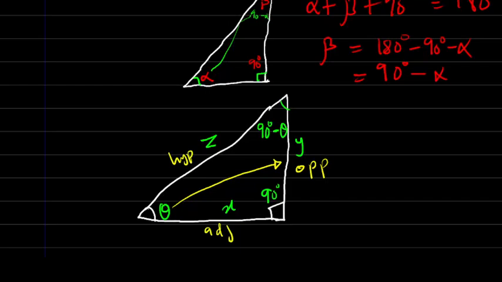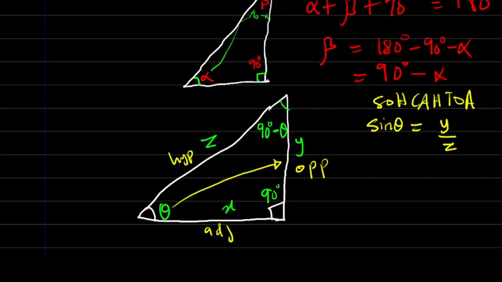Now, since we have SOHCAHTOA whenever you are dealing with trigonometry, don't forget this SOHCAHTOA. What is sin theta from what we have here? Sin theta is opposite over hypotenuse. Opposite is y, so we have y over z.